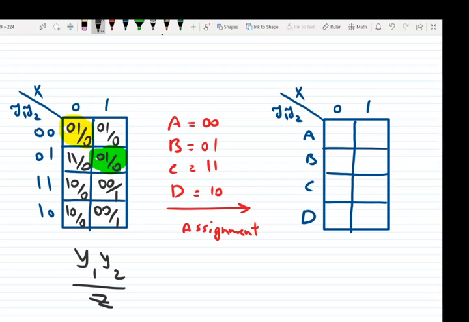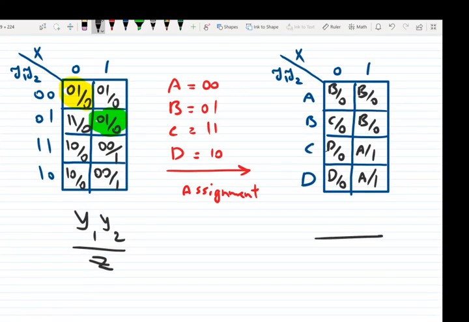So we will have B0, B0, C0, B0, D0, A1, D0, and A1.